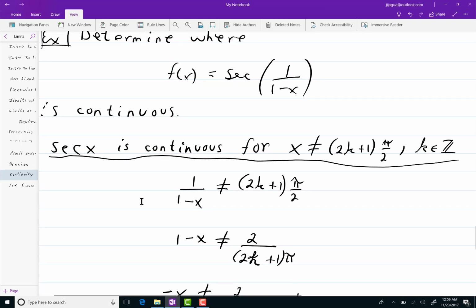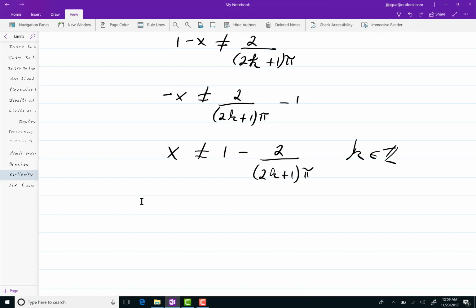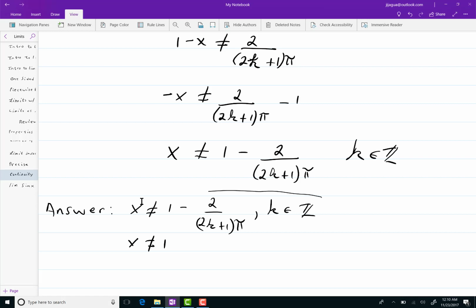Now, if we go back, I have to be a little careful here, because there is one other place. X cannot equal 1, because that would make the denominator 0. So for my answer, I'll put this: x cannot equal 1 minus 2 over 2k plus 1 pi, k is in Z, and x cannot equal 1.